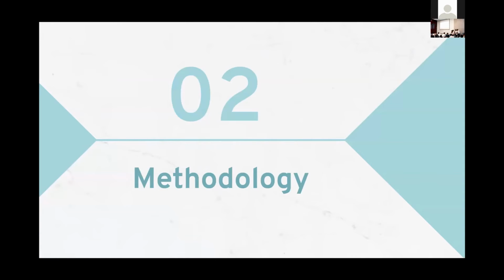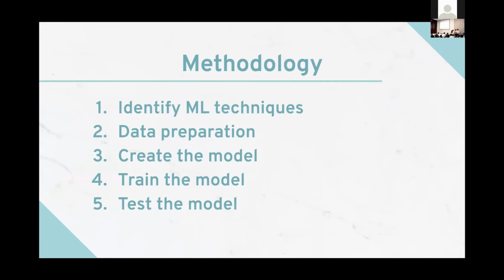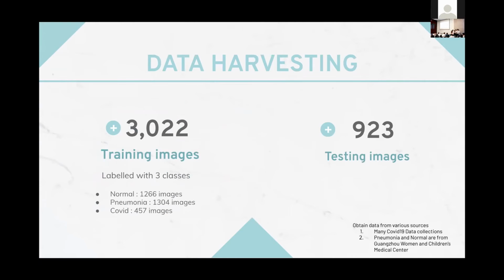Next, methodology. We divide our methodology into 5 parts: identify machine learning technique, data preparation, create the model, and maintain the model. This is how we harvest our data. We have around 3,000 training images and 900 testing images.